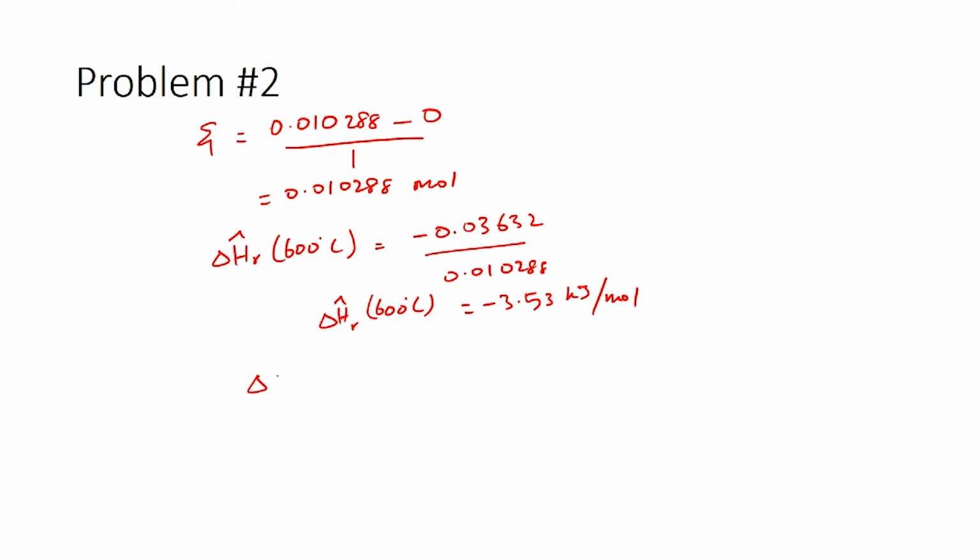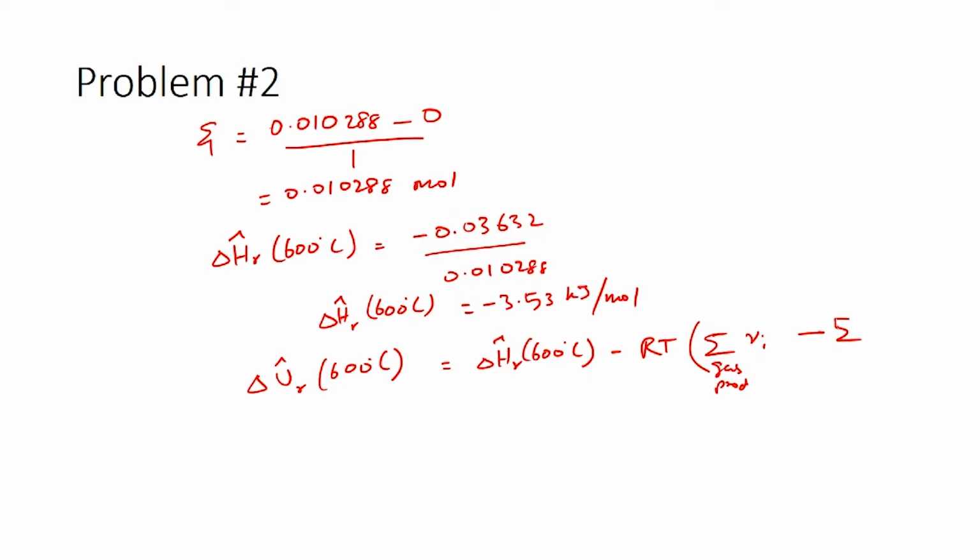We have also been asked to calculate delta UR at 600 degrees Celsius, and this would be equal to delta HR at 600 degrees Celsius minus RT times the summation of gaseous product stoichiometric coefficients minus the summation of gaseous reactant stoichiometric coefficients.